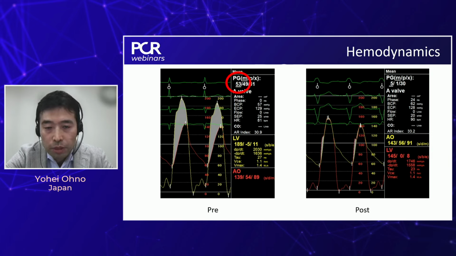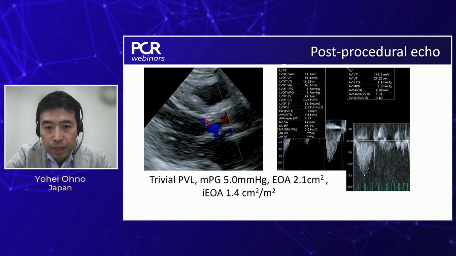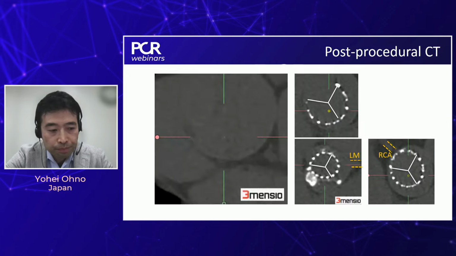We started with a mean pressure gradient of 53 in this specific case, and the final pressure gradient was single digit, 5, with nice and wide separation at the diastolic pressure, which means there's no significant AR in this case. Post-procedure echo showed trivial PVL with a mean pressure gradient of 5 and an effective orifice area of 2.1.